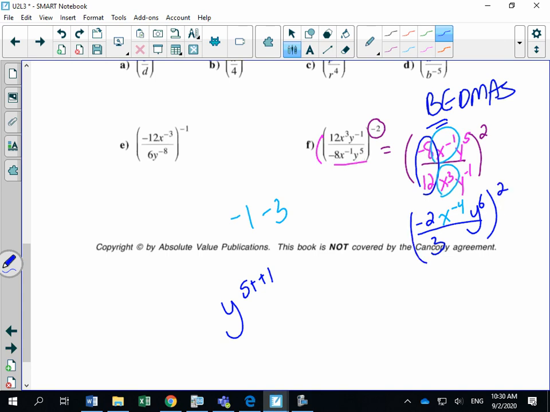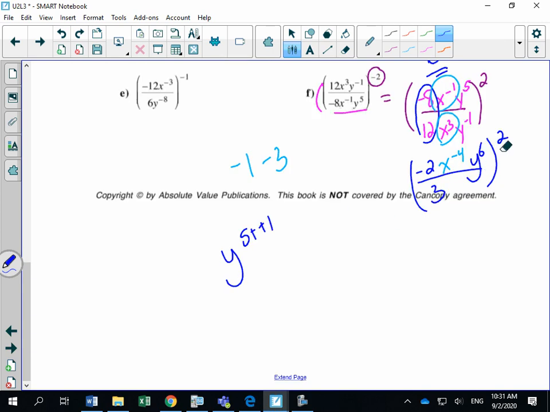And then that's to the power of 2. From here, you could apply that 2 at this stage, or you could bring your x down. You could do either or. You'll get the right answer. So if I was to apply the 2, right? So apply the 2 everywhere.